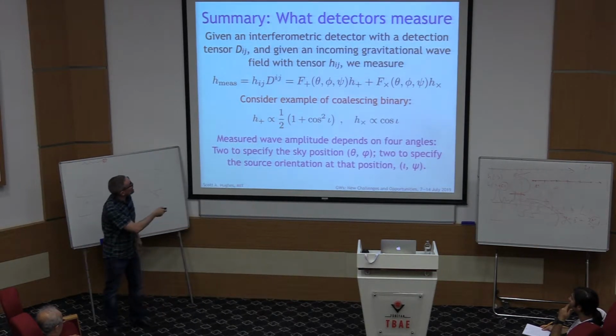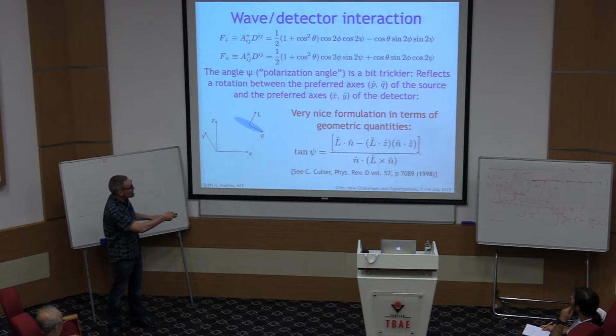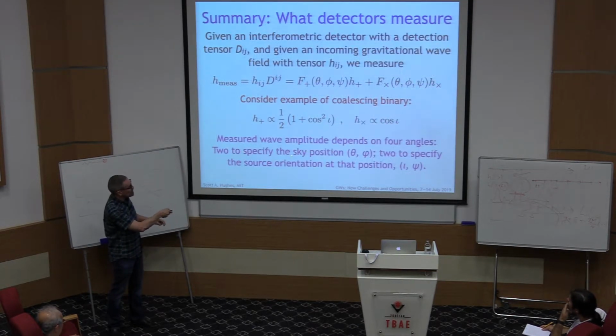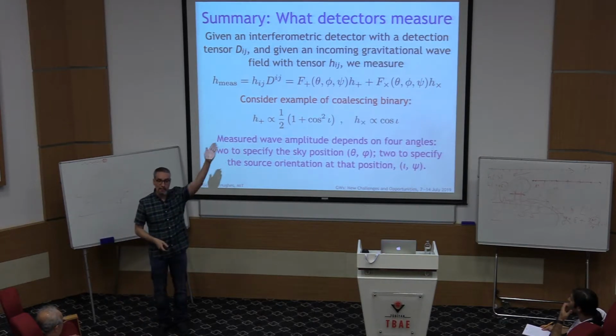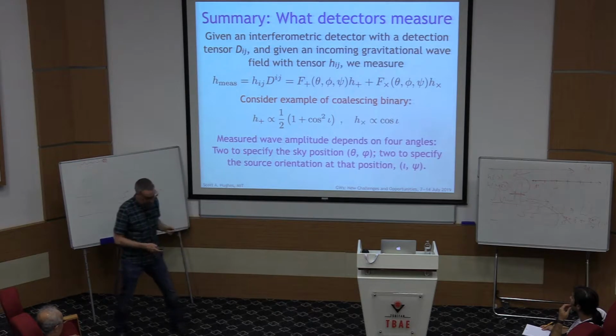There's a unit vector which I would call n that points to where it's located on the sky. And then there's another set of angles that define the geometry of that source, where the normal to its orbital plane, if it's a binary, is pointing at that location.